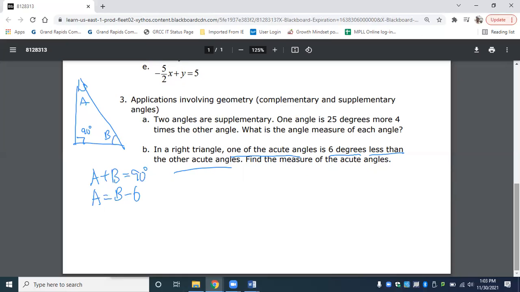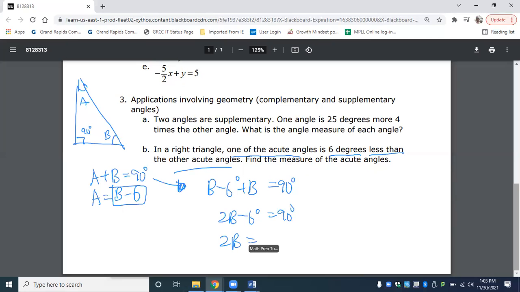Again, plug that in because you got A equals already. The first equation becomes B minus 6 plus B equal 90. So 2B minus 6 is 90. So 2B is 96. Divide both sides by 2, B is 48.